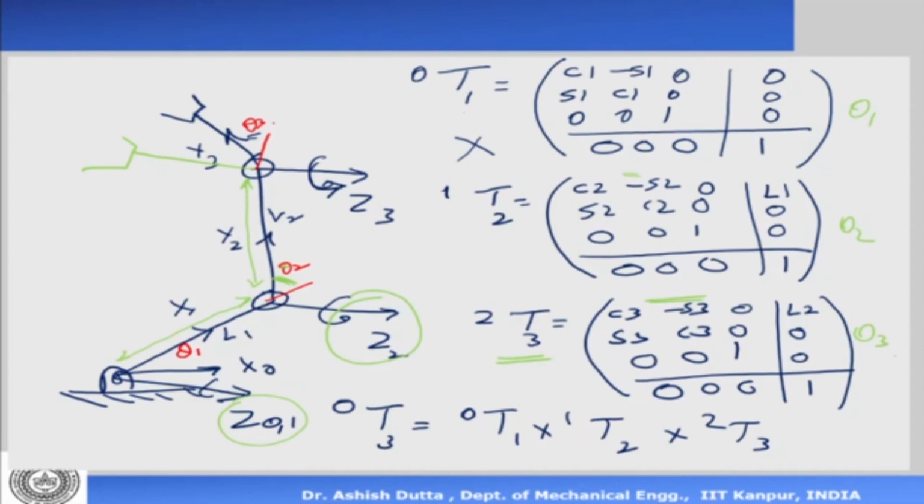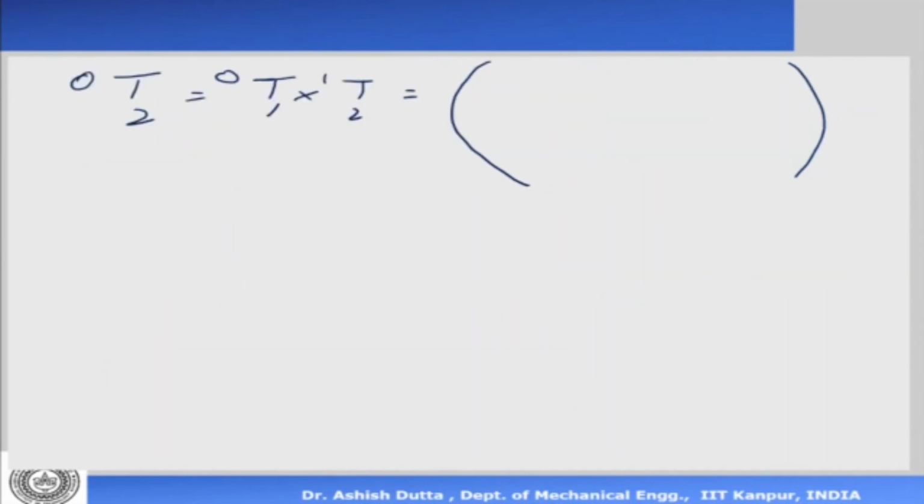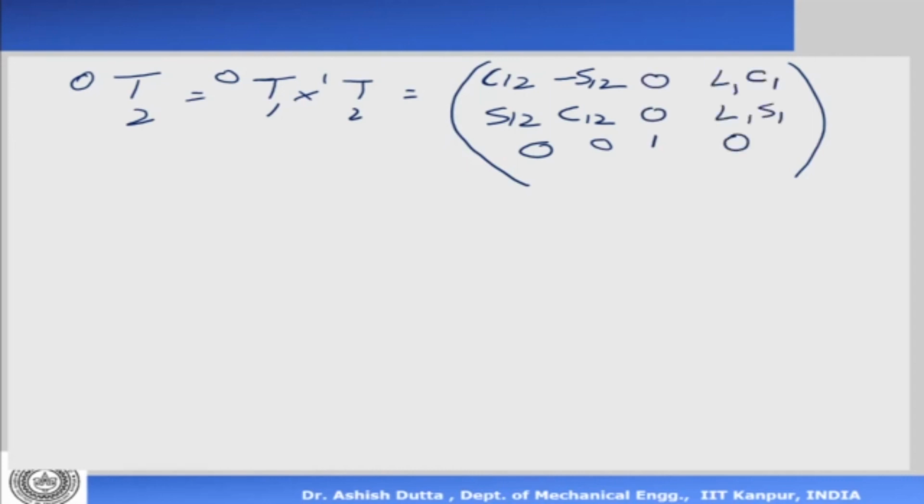So if you multiply them out, what you'll get is cos 1 2, minus sin 1 2, sin 1 2, cos 1 2, 0, 0, 1, 0, 0. This is L1 cos 1, and this is L1 sin 1, that is 0, 0, 0, 0, 1. You can verify this. So cos 1 2 means cos of theta 1 plus theta 2. Similarly, sin 1 2 means sin of theta 1 plus theta 2. I'm writing it in short.